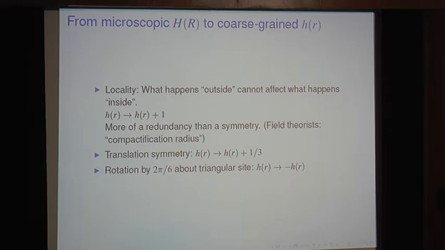So one very basic thing, which is not even a symmetry, which is a statement of locality, is the idea that what happens inside my box shouldn't care about the boundary of the box that I am fixing. So I think this I should draw.